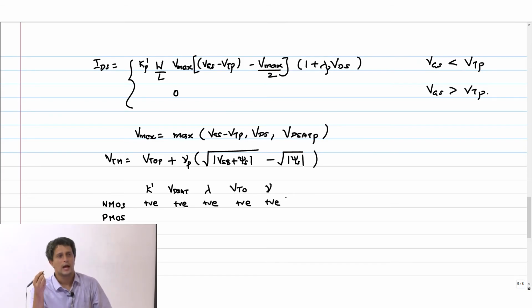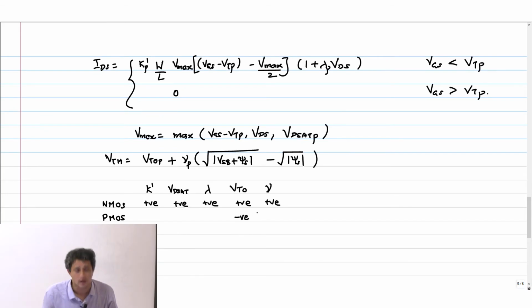On similar lines, I want to analyze for a PMOS transistor whether these values should be positive or negative. The exact value I am not worried about. So let's start with VT naught. It should be a negative value, because as I lower my VGS, at some point I am going to invert the channel there. So therefore this has to be a negative value.